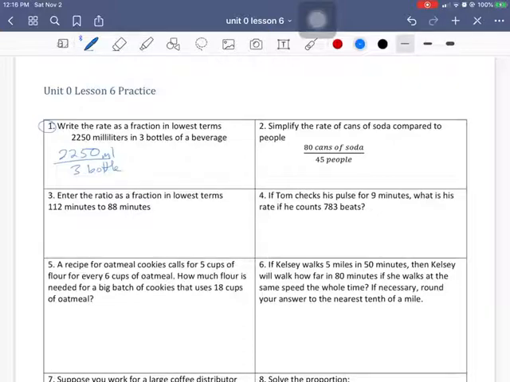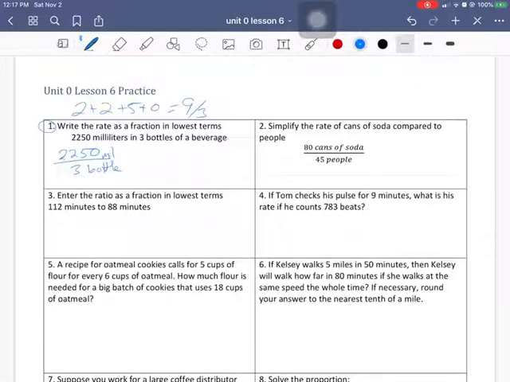So basically, what was the rule for reducing by 3? If you have 2 plus 2 plus 5 plus 0, that equals 9. 9 is divisible by 3, so that means 3 does go into this 2250.